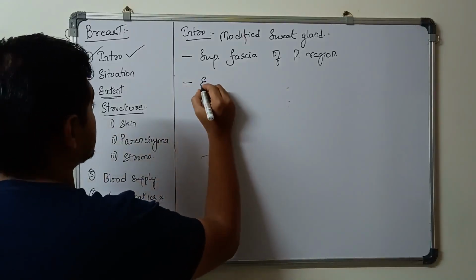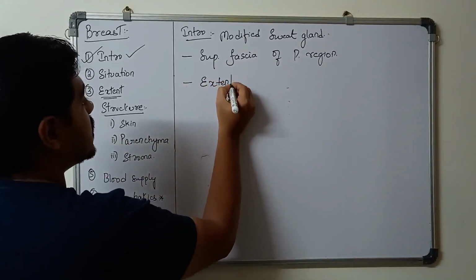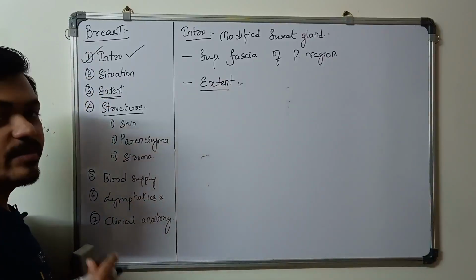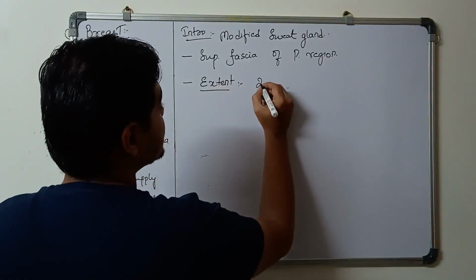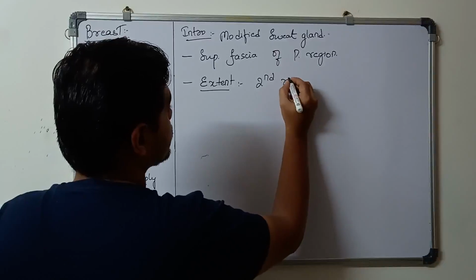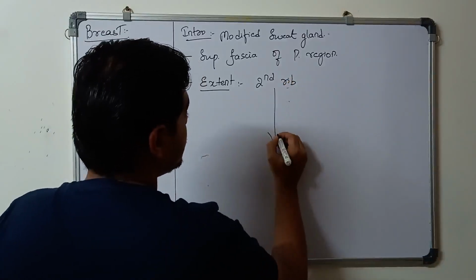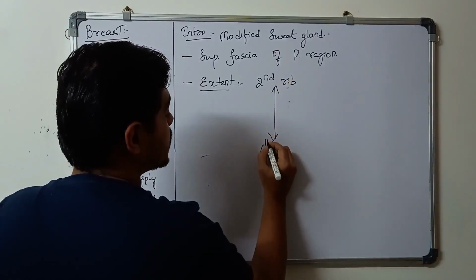Now, the extent. Superiorly, the breast tissue starts from the second rib, and inferiorly, it goes up to the sixth rib.